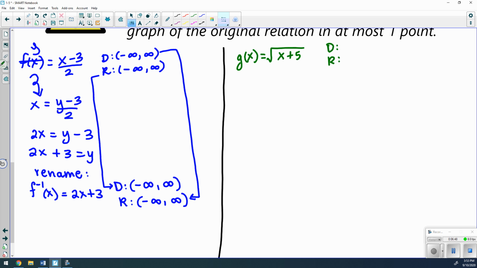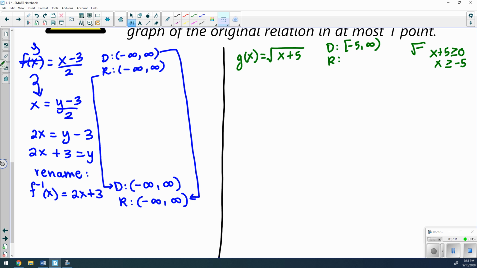I know that I cannot have a negative number underneath the square root. Because of that, x plus 5 needs to be greater than or equal to 0. When I solve, x needs to be greater than or equal to negative 5, making my domain everything from negative 5 to infinity.